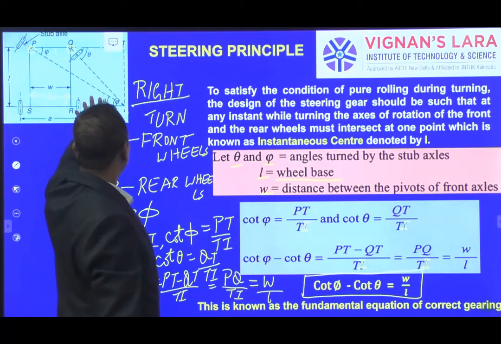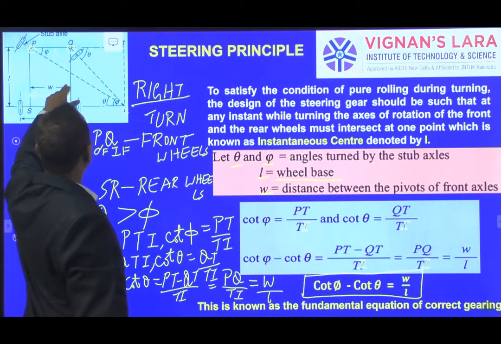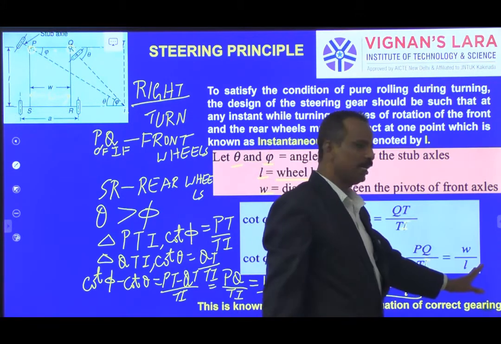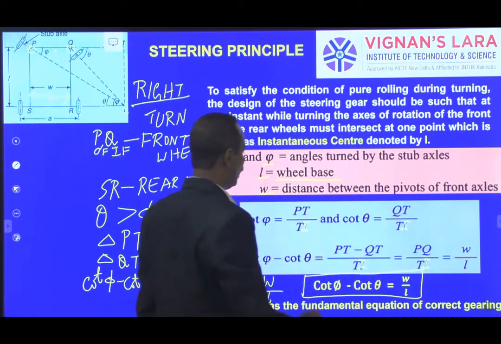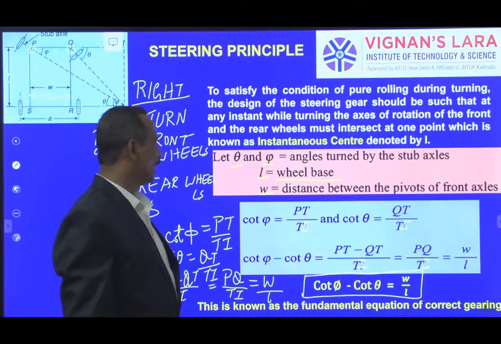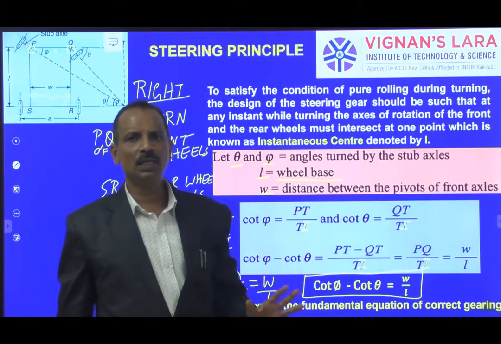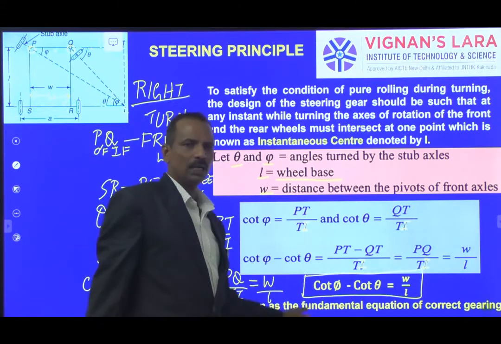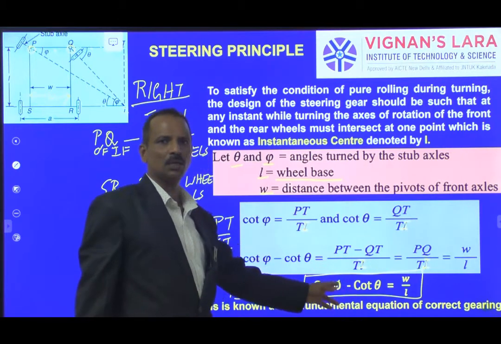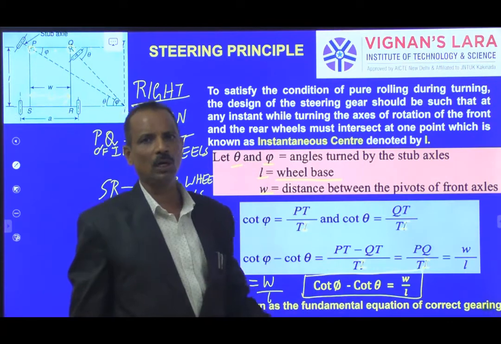The subtraction of cot phi and cot theta gives PQ by TI. PQ is given by W and TI is given by L. So cot phi minus cot theta is W by L. This is known as the fundamental equation for correct steering. If you fulfill this condition, then you will get a steering gear mechanism which will avoid skidding of the vehicle when it is taking a turn.